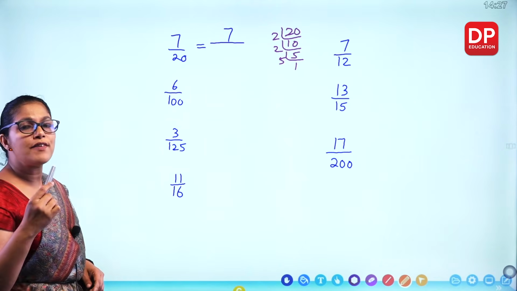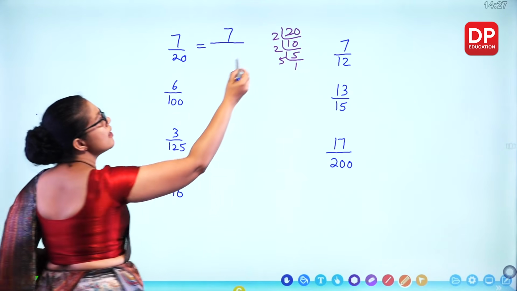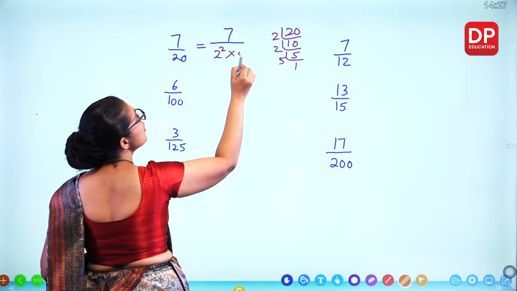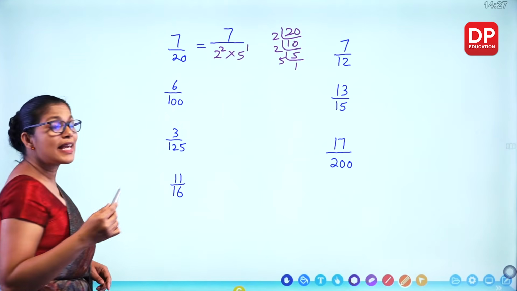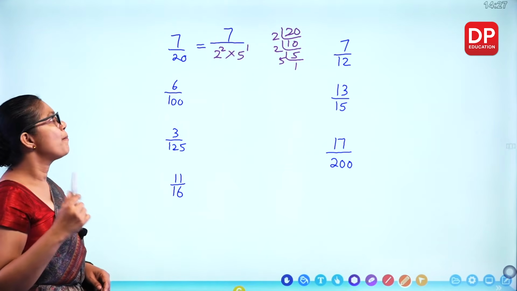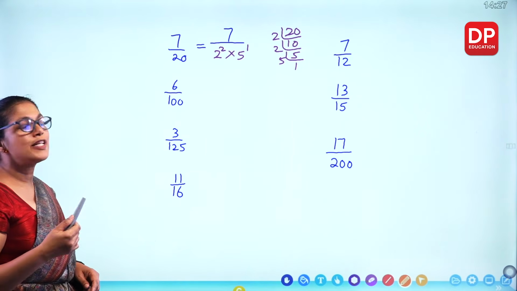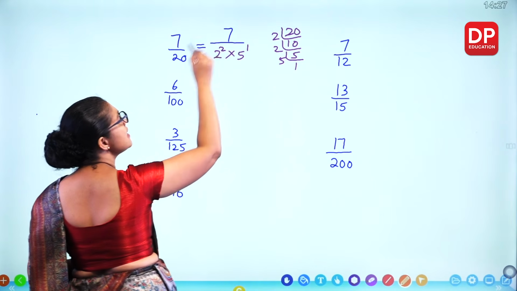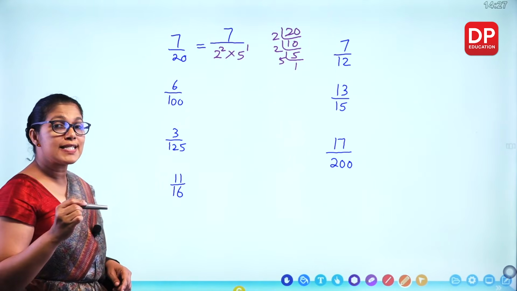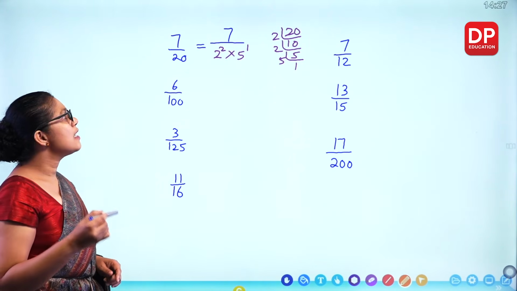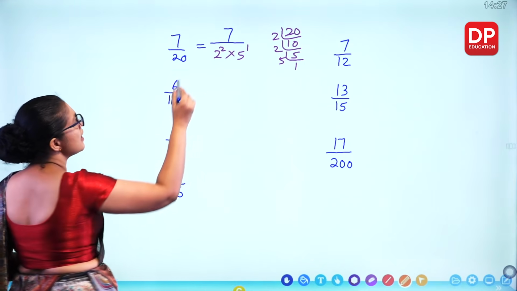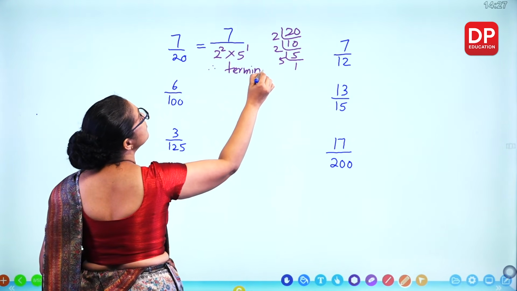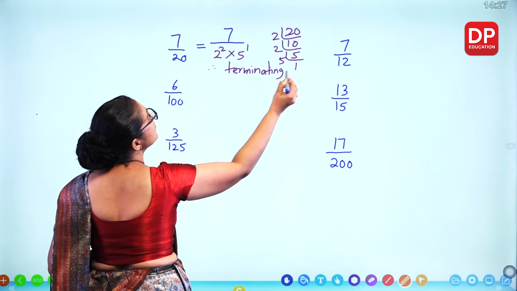So how can we write down this number? 2 to the power 2 and 5 to the power 1. So we can write in that form, p over 2 to the power m into 5 to the power n. So if we can write in this form, what can we say? This is a terminating decimal. So here this number is a terminating decimal.